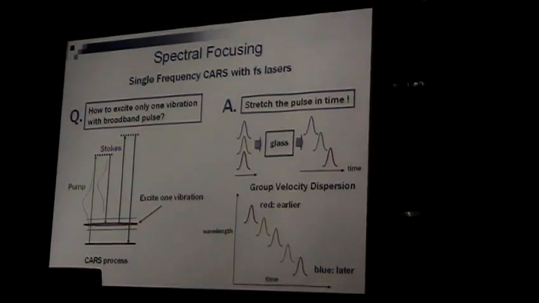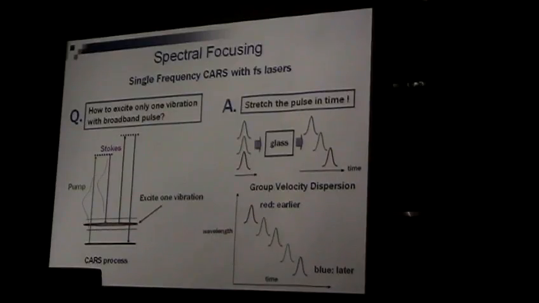If you were ever involved in the femtosecond laser business, the first thing you learn is optical dispersion. This is what people typically try to avoid. If you have a femtosecond laser, a short pulse laser, it means different colors.